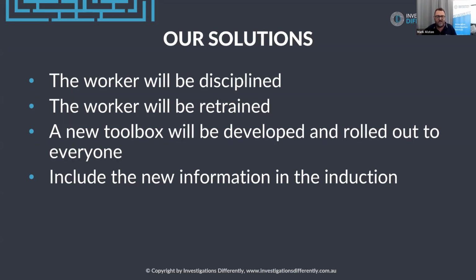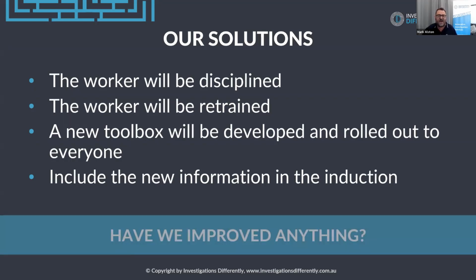We'll do these really superficial changes to our system or to the people, and we attempt to change the behaviour of our people. At the end of the day, we've got to ask ourselves and be honest, hold the mirror up. Have we actually improved anything? Have we actually made a difference to our workplace, or are we just taking the easy way?